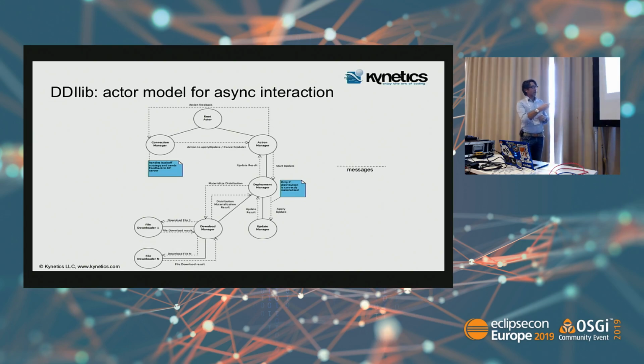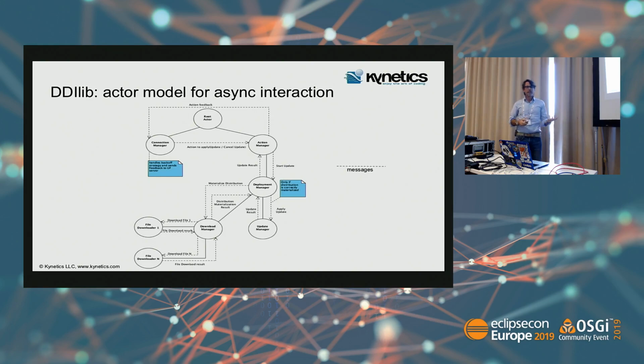Here we see all the messages. Basically, we have an actor just for the actions that are happening between the client and the server. We have, of course, a connection manager that polls the server. The server tells you, hey, these actions are for you. And then if there are actions relating to an update, you have to download the artifacts. How many?